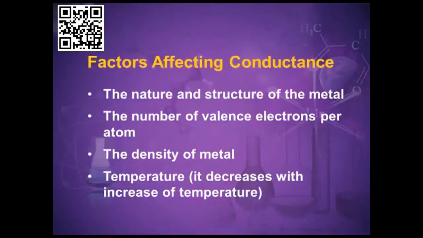There is no chemical change that takes place in the metal. Factors affecting metallic conductors: the nature and the structure of the metal, the number of valence electrons per atom, the density of the metal, and temperature. The metallic conductance decreases with increase of temperature.